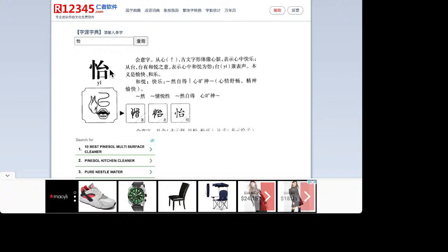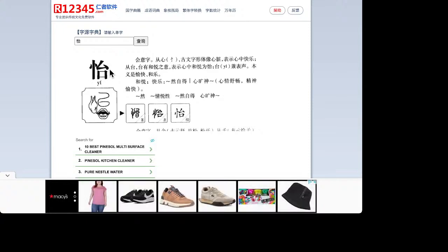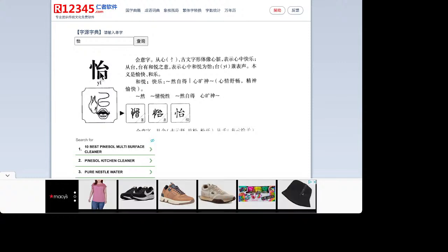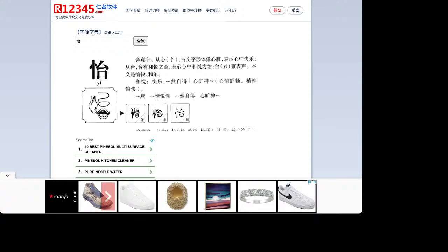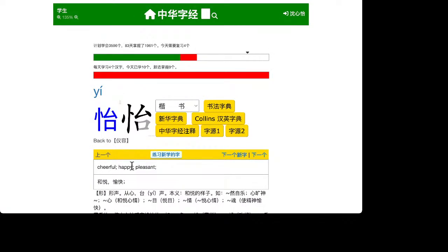And apparently back when it was pronounced yi, it referred to like a pleasant, cheerful, and peaceful and calm state. So that's the emotion that's being depicted here. Cheerful, happy, and pleasant. This is used in names a lot. Actually, my name has this in it.